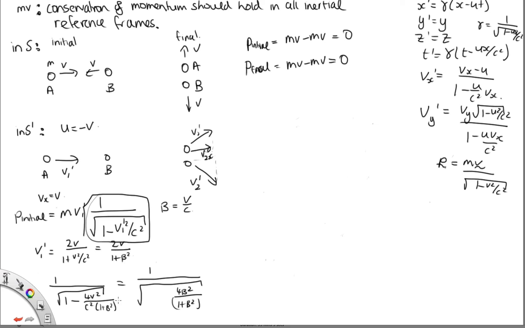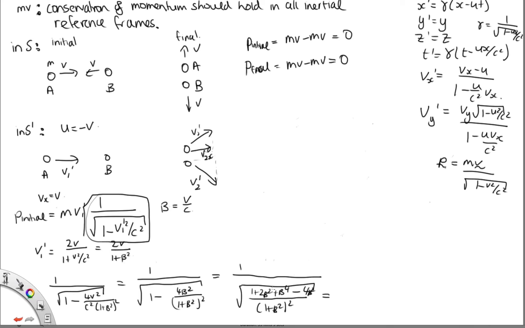Now this should have been squared, that's squared. This is 1 minus, so we're going to write this as 1 over the square root of 1 plus beta squared squared minus 4 beta squared, so we can write this as 1 plus 2 beta squared plus beta to the 4 minus 4 beta squared.